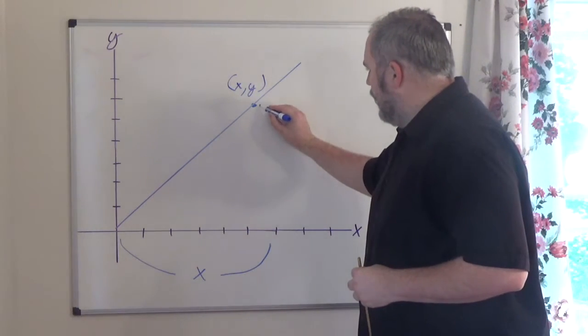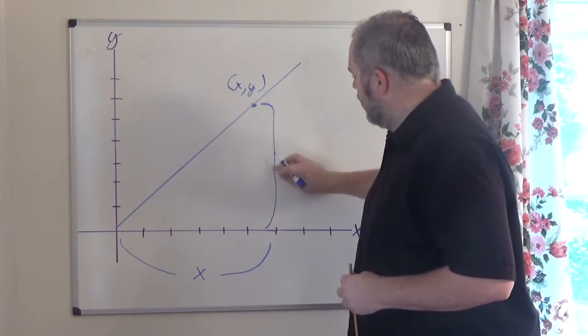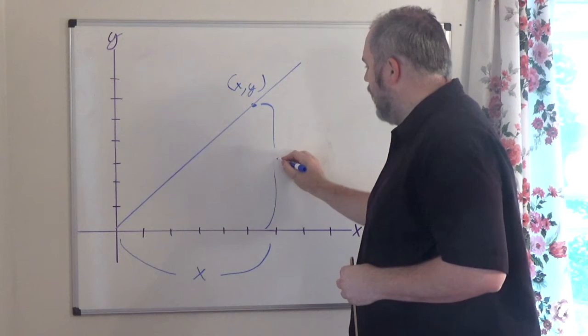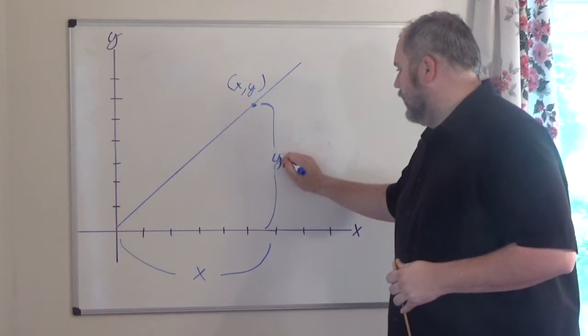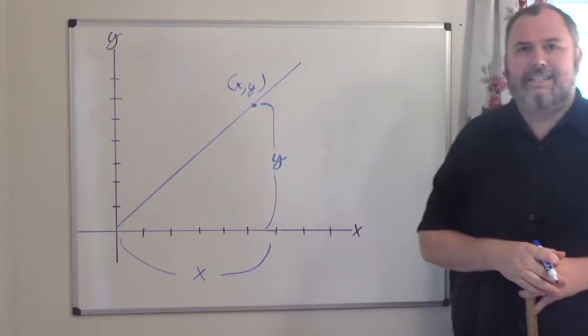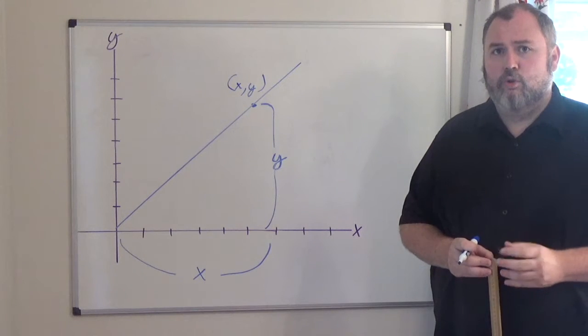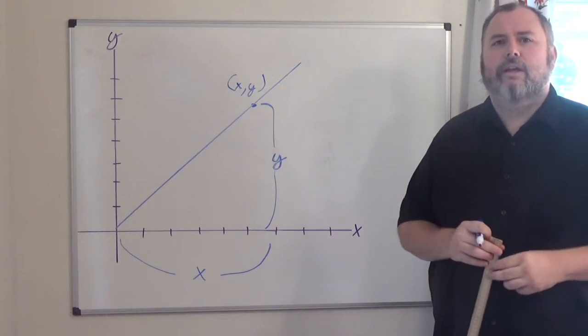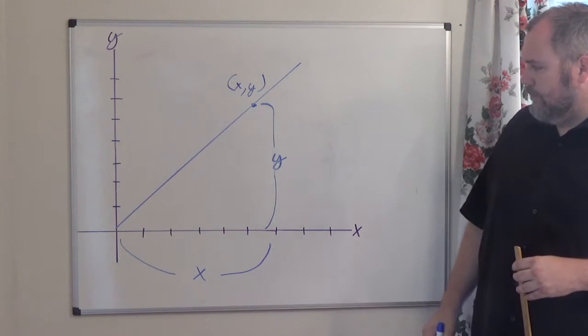So it probably went from about here all the way to here, and it went y space. Might not be able to see that too good. So it went y space. Again, same thing. We don't know exactly. It could have been 2, could have been 3, could have been 5 million for all we know. But it went y. Alright, so we've got that little bit of information.